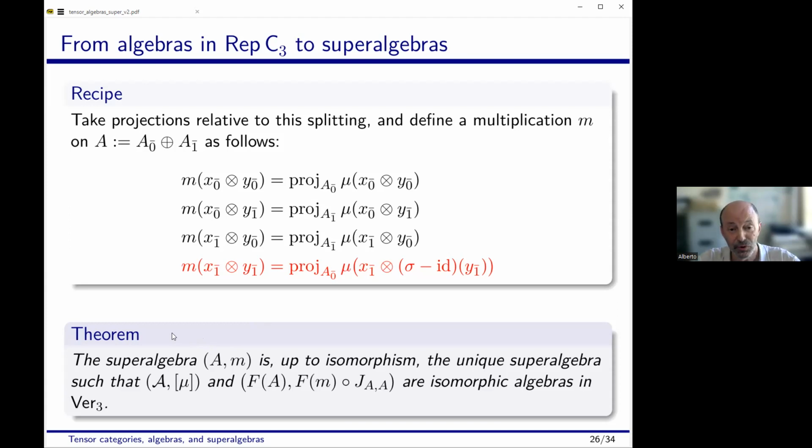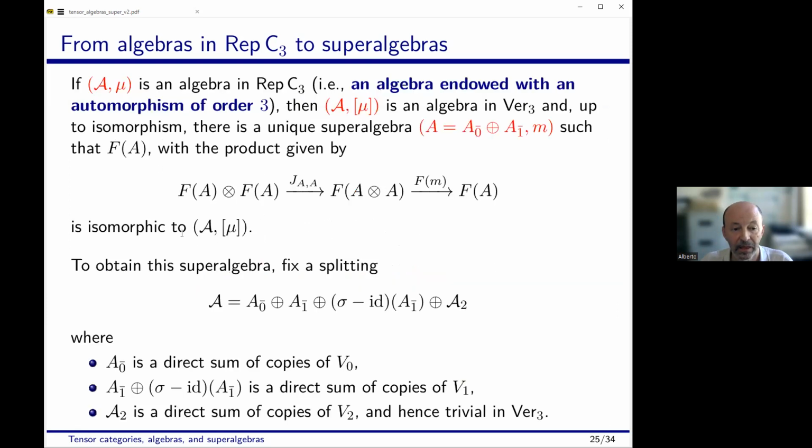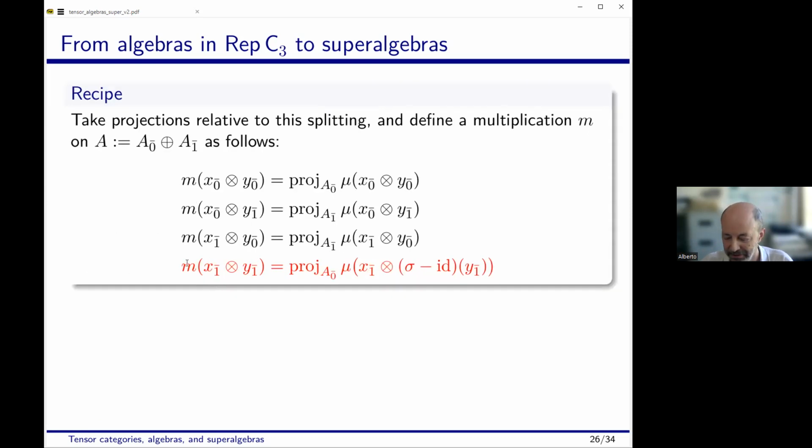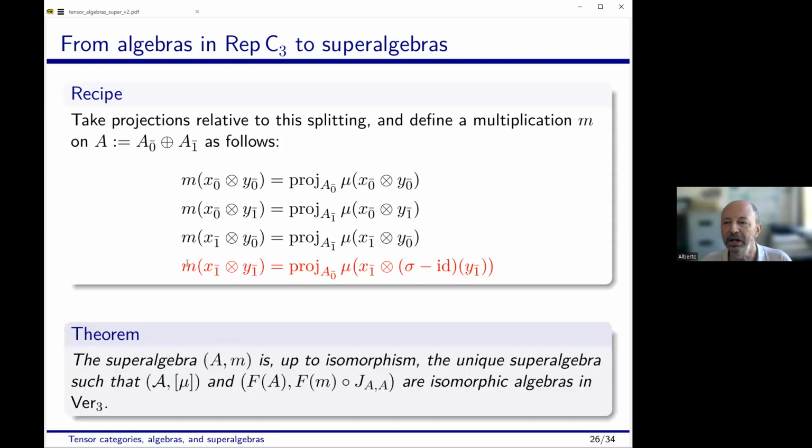So if you know nothing about symmetric tensor categories, but you have an algebra in a nice variety over a field of characteristic 3, and you have a nice automorphism of order 3, you can apply this recipe, define A0 bar and A1 bar as before, apply this recipe just blindly, and you get a superalgebra in the same variety. If you have started with a Jordan algebra, you get a Jordan superalgebra, and so on. You start with a Lie algebra, you end up with a Lie superalgebra.